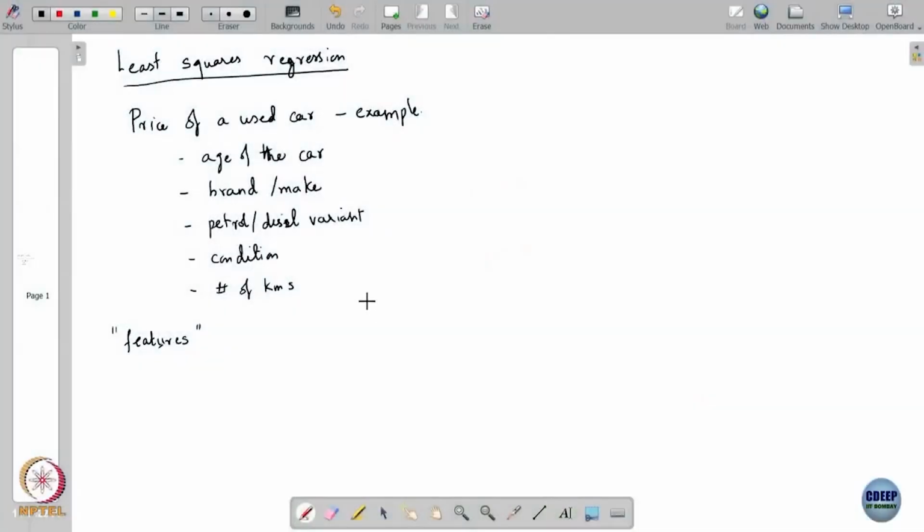The goal is that I give you a sample used car which has all these features. It has a certain age, I tell you its brand, I tell you whether it's a petrol or a diesel car, I tell you its condition, the number of kilometers it has run, and I want you to predict what the price is going to be. At what price will this sell in the market?